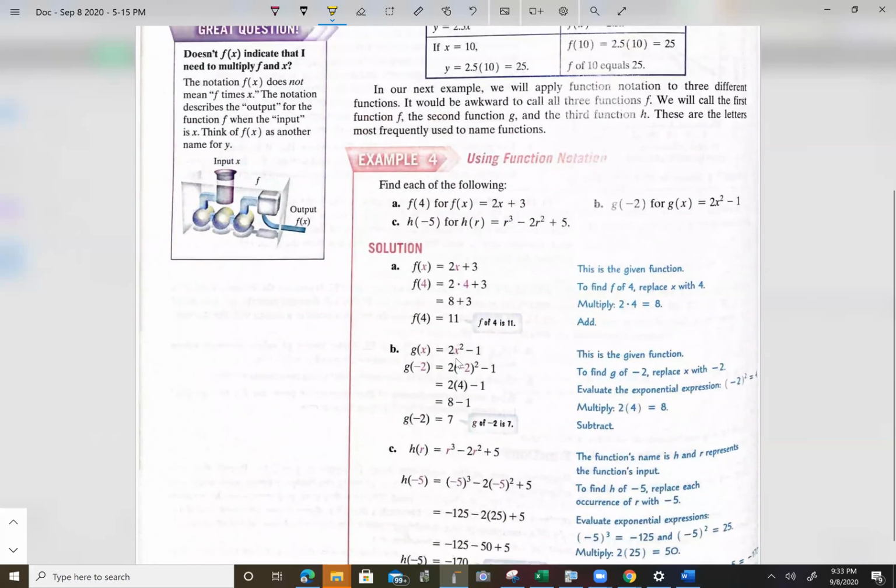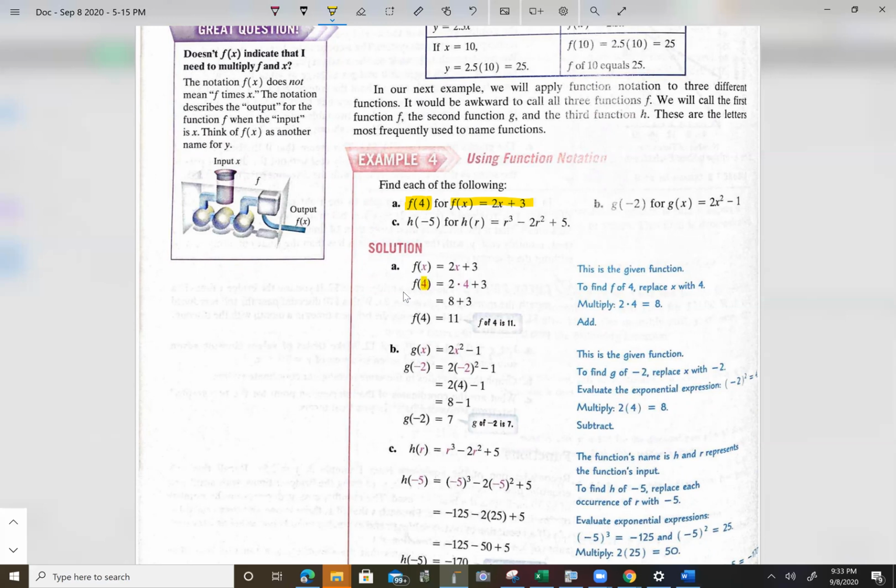But example 4 is using function notation. I will just go through maybe one of these for you. I don't need to read it to you. You can do that on your own. But if we look at A, it says find f of 4, okay? Using the function 2x plus 3. So if we are inputting 4, we change f of x to be f of 4.